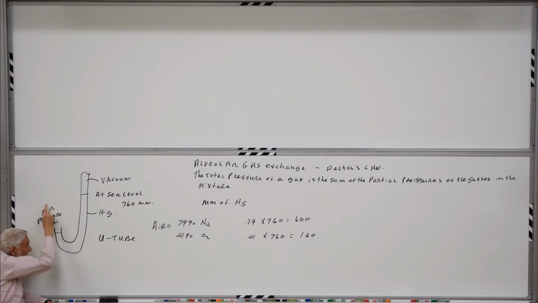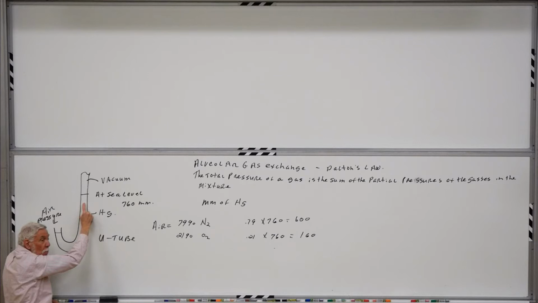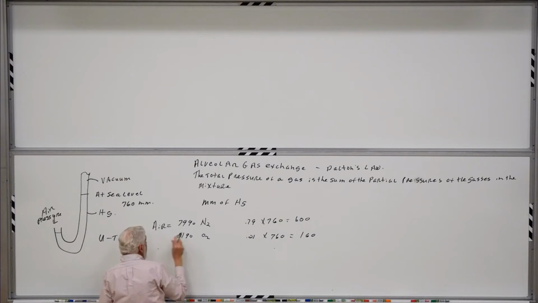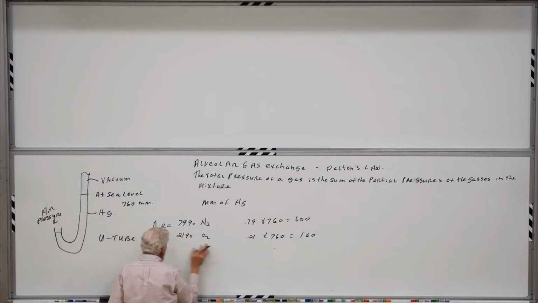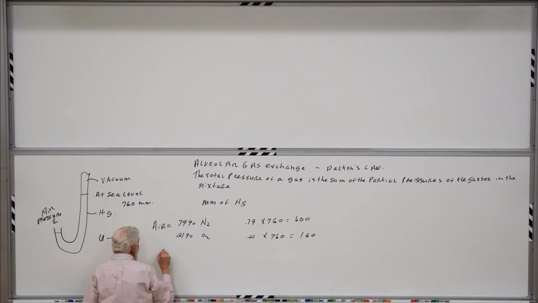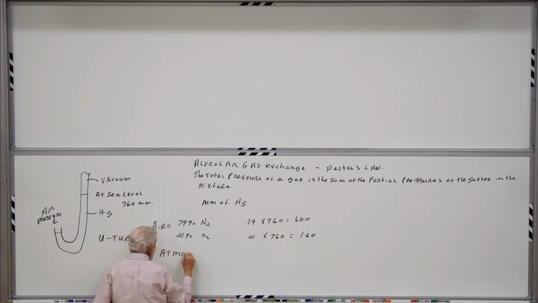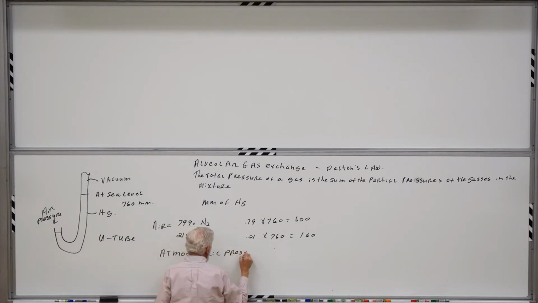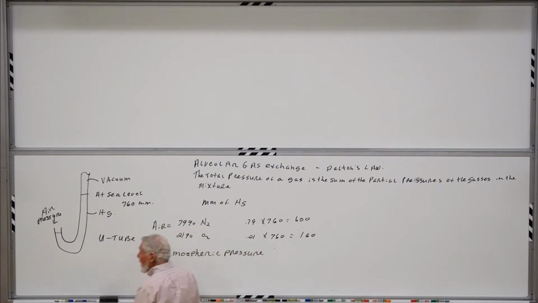And so that means the distance through which the mercury can be pushed is less. And so if you do the numbers here in Fort Collins, in the room where you are now, we still have 79% nitrogen and 21% oxygen, but the atmospheric pressure is in the neighborhood of about 630 millimeters of mercury.